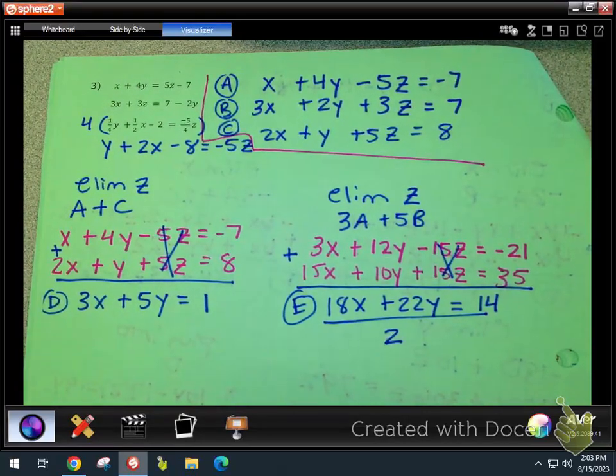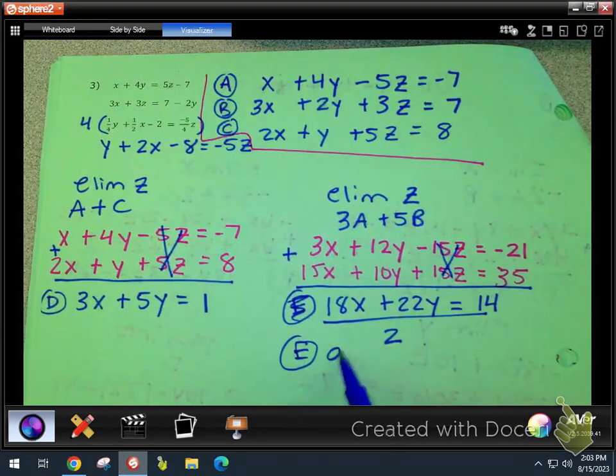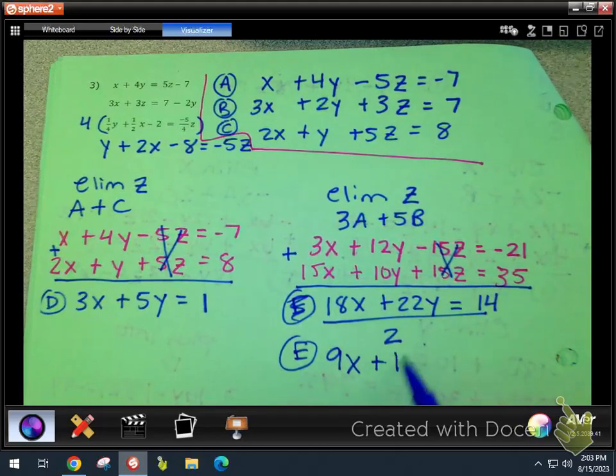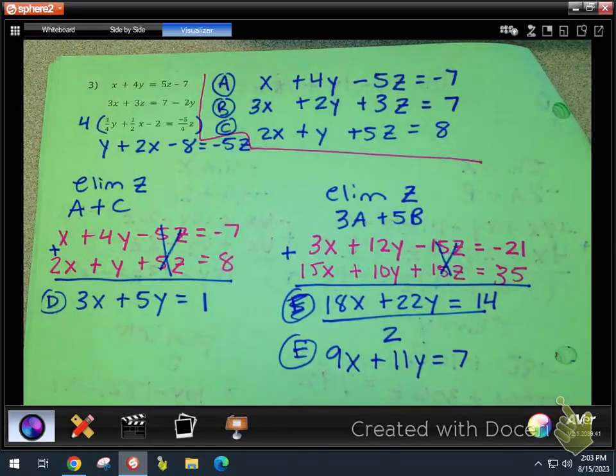If you can divide by 2, sometimes all the coefficients become 1. Even better, okay? But try to make it easier if you can. If you don't do this, you can still get the question right. But I would just advise, if it's possible, our actual equation E is going to be 9x plus 11y equals 7. Just a little bit easier here, okay?